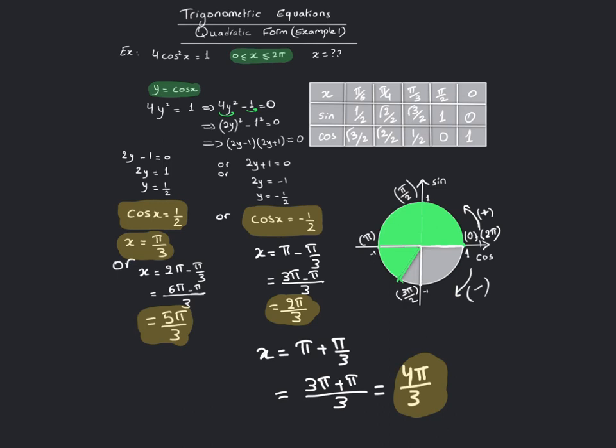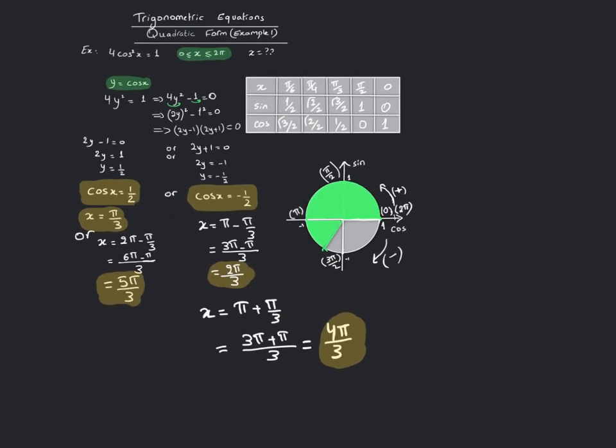You may have different equations without the domain of x, so you're gonna work on the period. Therefore, x equals pi over 3, 2 pi over 3, 4 pi over 3, or 5 pi over 3.